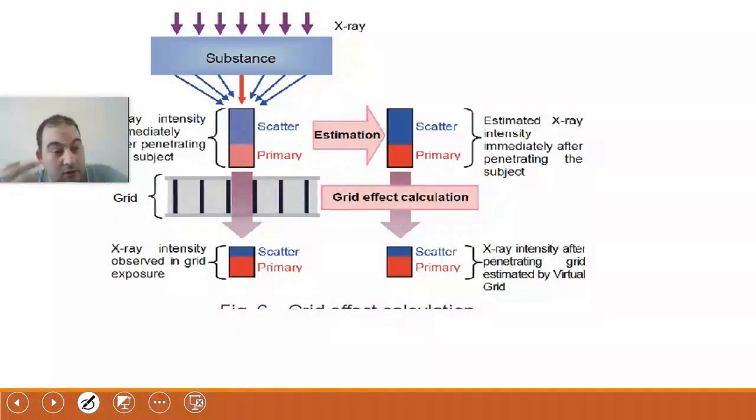If I increase the lead strips, it means I have increased the frequency, right? Okay. The frequency depends on what? It depends on the thickness of the existing lead strips and the gap that exists. This means that the lead strip itself has a thickness.